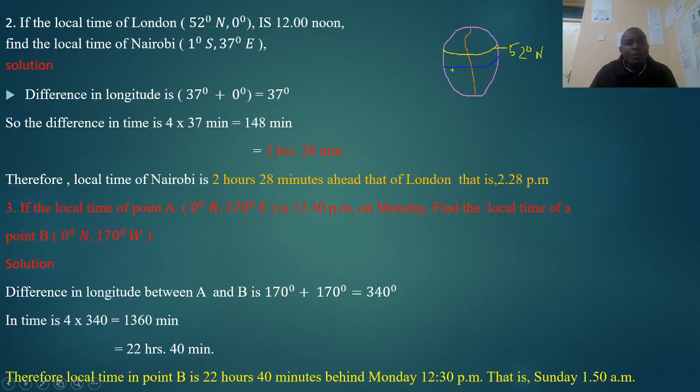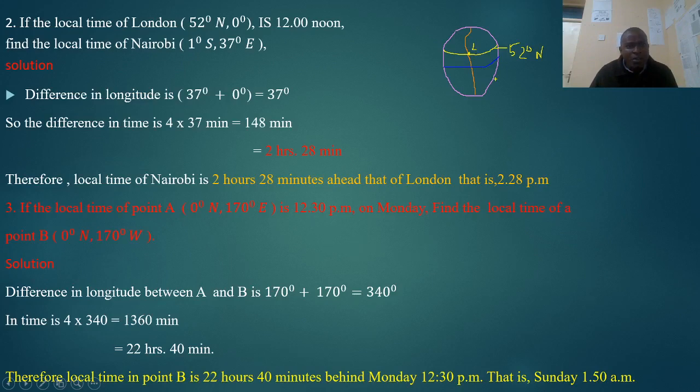And you also have 0 degrees, which is here at the center. The Greenwich Meridian is at 0 degrees longitude. So the point we are talking about, London, is here. Let's call it L. That's where we have London.